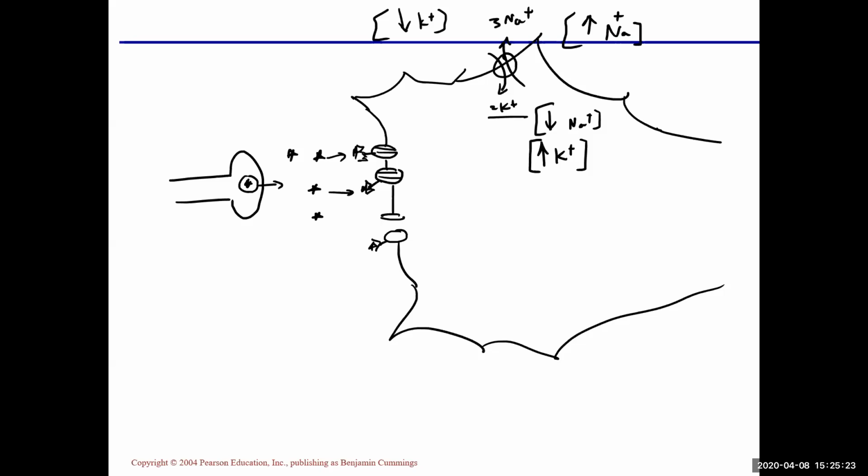Now, this one is opening up, and this problem is saying whatever that neurotransmitter is, pretend it's an unknown neurotransmitter. This ligand-gated channel is for potassium ion, all right? So once it opens, only potassium ions can pass through this channel.